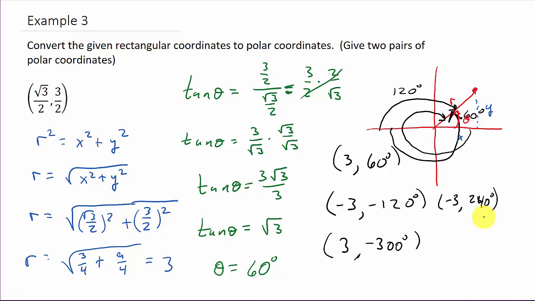Okay, so you can see there's several different answers the way you can write them. But I always prefer the r to be positive and my angle to be positive. That's how I like to write them. Some of the books may ask you, give me 3 different ways to write it, or write this polar coordinate in 2 different ways.